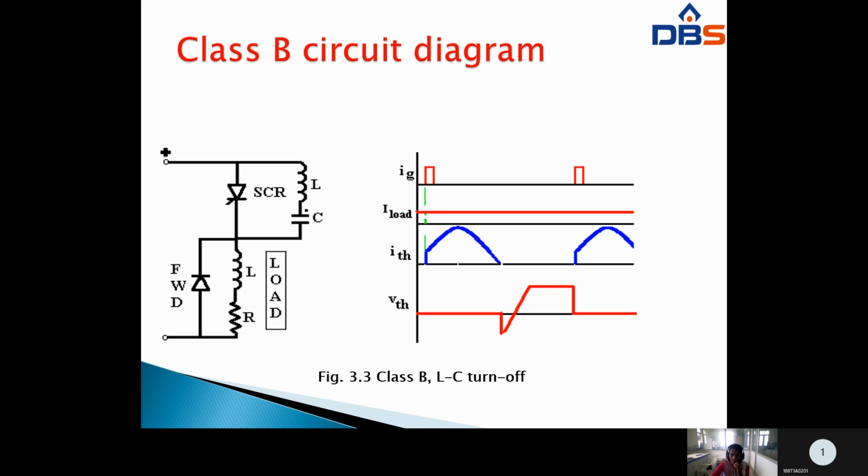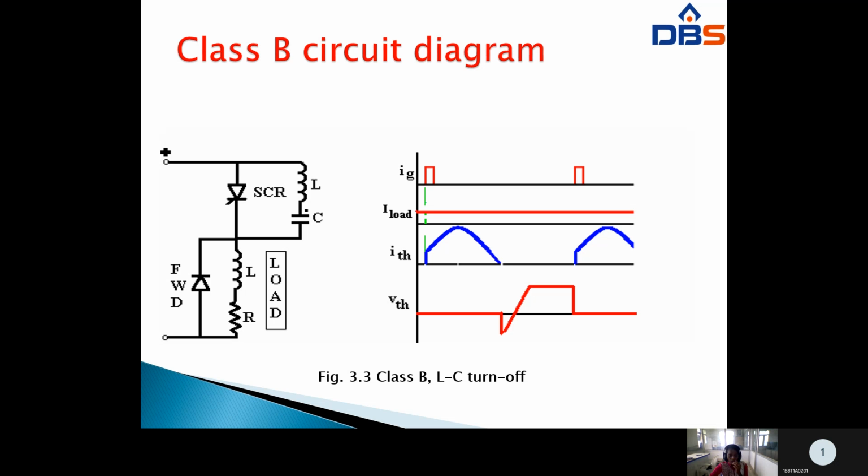This is the class B circuit. Here the SCR is connected across the LC circuit and the freewheeling diode. This is the freewheeling diode, and the RL load is connected across the freewheeling diode.